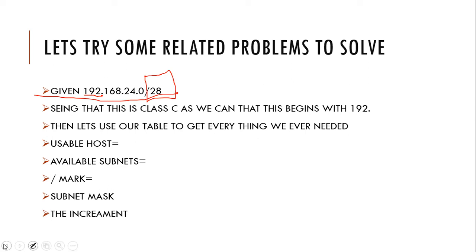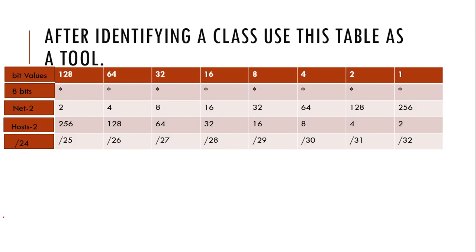Let's go back to our tool. Okay, here we go. We were given slash 28. Then this means we're gonna lie right here. Everything right now is in front of me. Here is my increment.